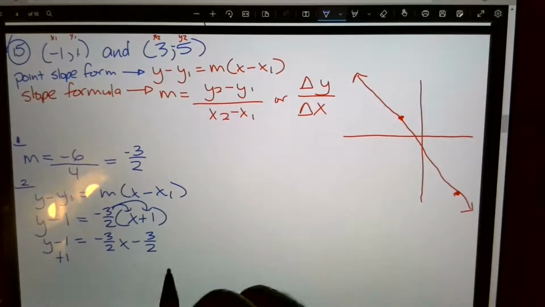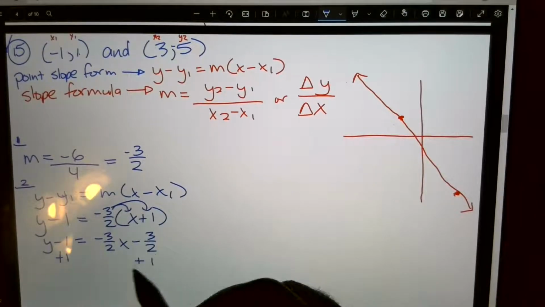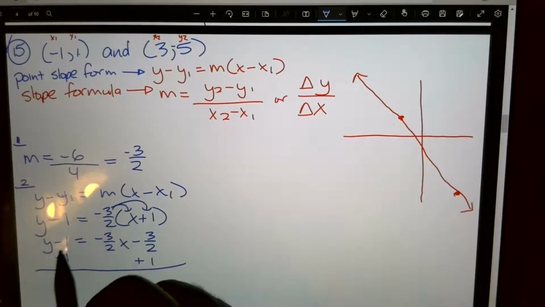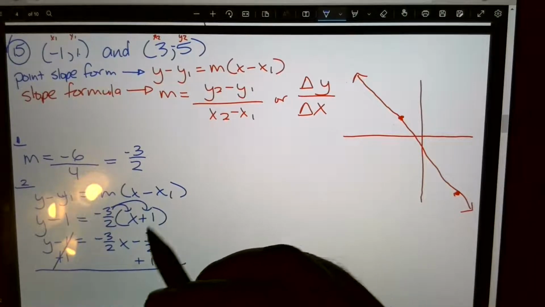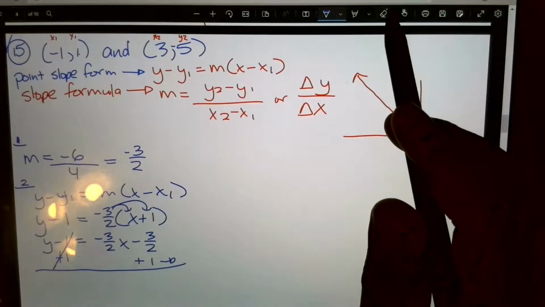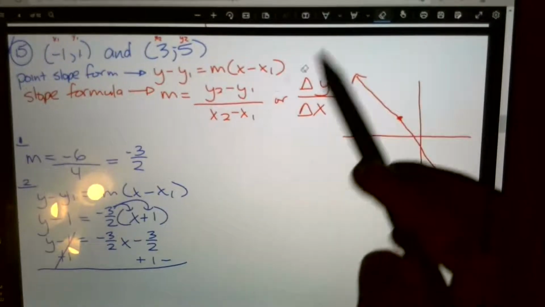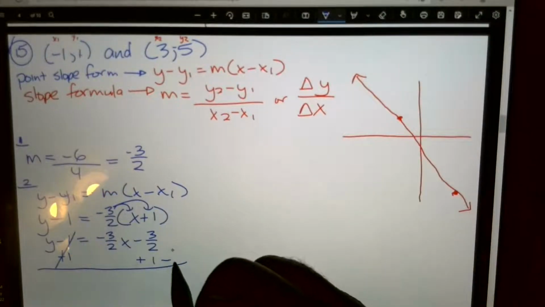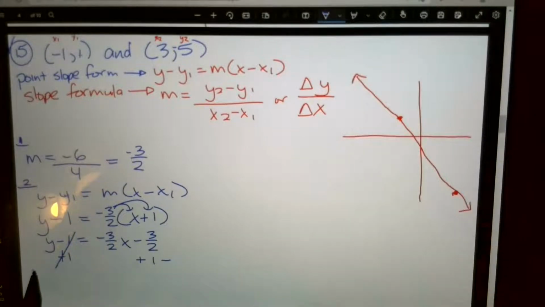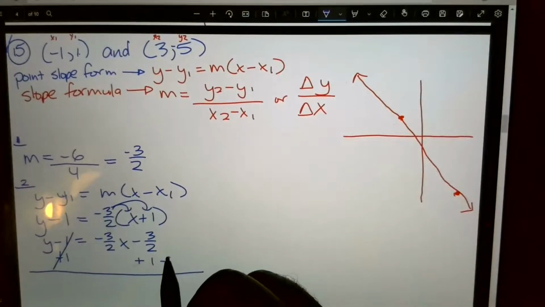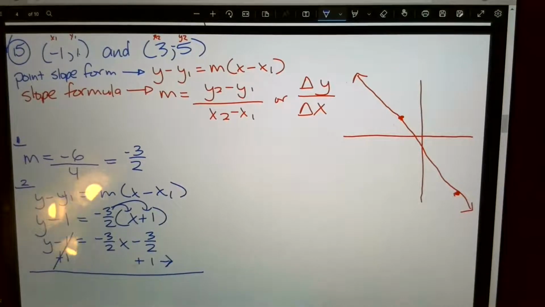I'm going to add 1 to both sides. But I can't add a fraction and a whole number without the denominator being the same. So 1 becomes, I don't know what that is. It's supposed to be an arrow, looks like a boot. Actually, take that too. All right, that's better. A little better.